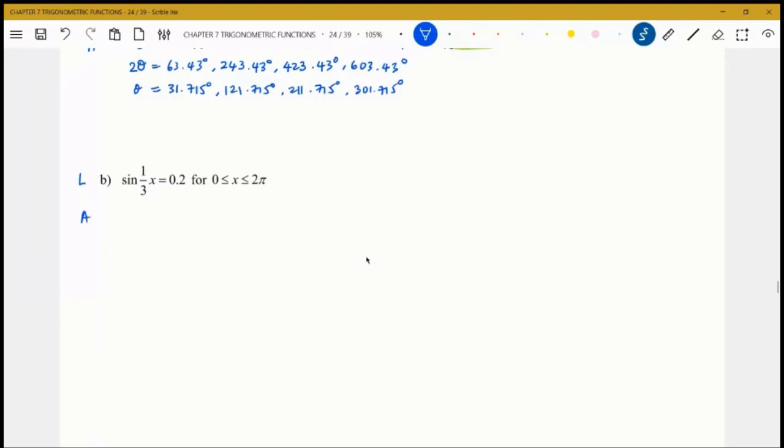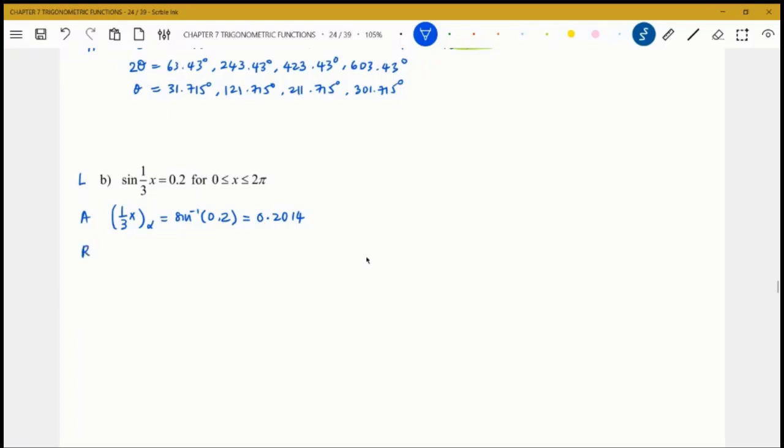Okay, and then acute angle, we're gonna have 1/3 x alpha inverse sine of 0.2. So make sure your calculator in radian mode. So we can have 0.2014. Okay, so that's our acute angle.